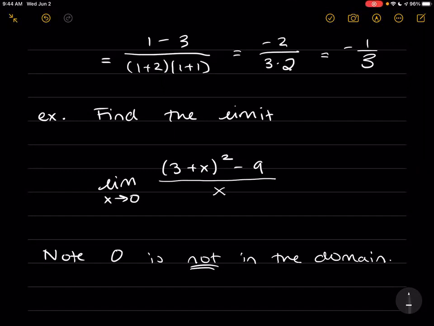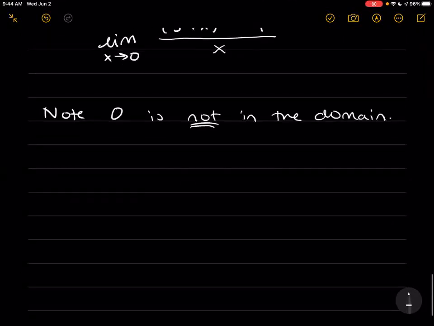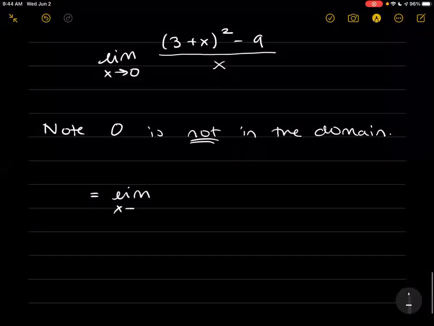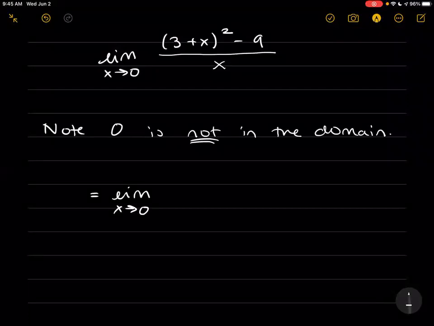First, I'm going to expand out that 3 plus x squared, and maybe we might get something simpler. When we do that, we get 9 plus 6x plus x squared minus 9 over x.